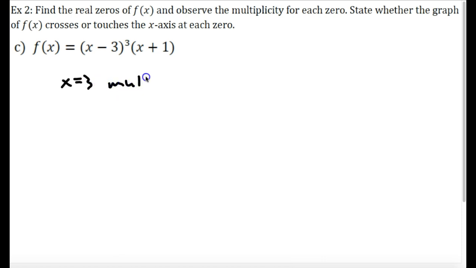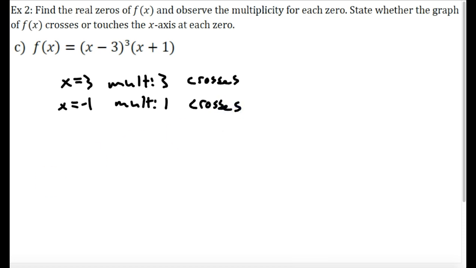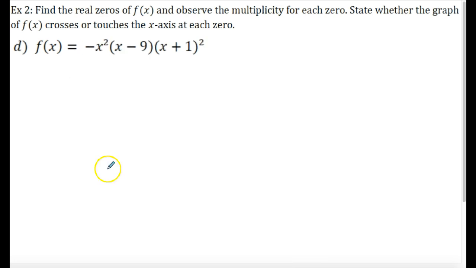Its multiplicity would be 3, and that means it crosses the x-axis. The second one would be x equals negative 1. Its multiplicity would be 1. It only shows up once. And since that's odd, that will also cross the x-axis. All right? You guys go ahead and try this one as well then.